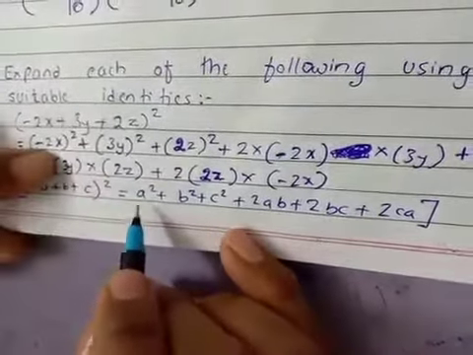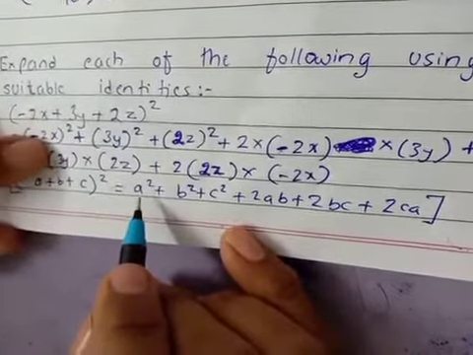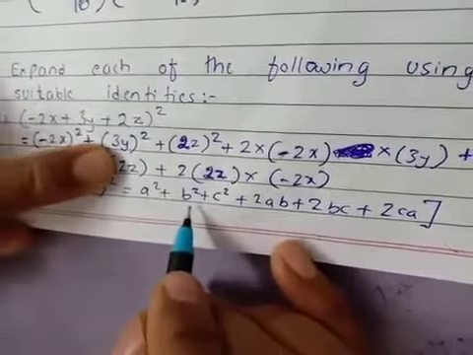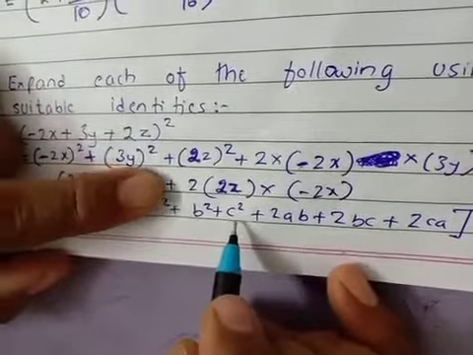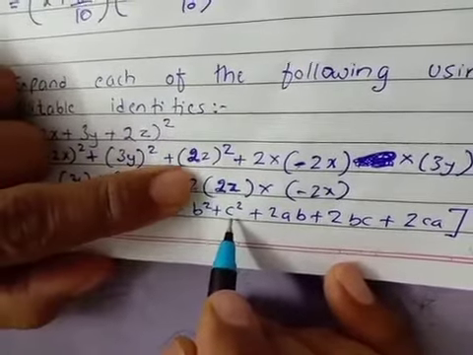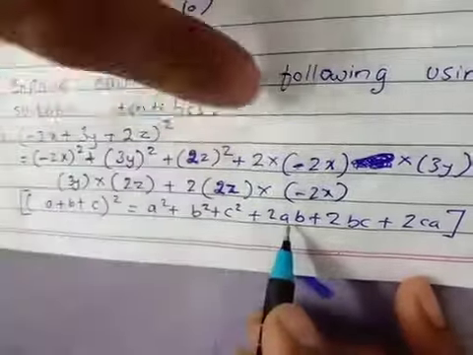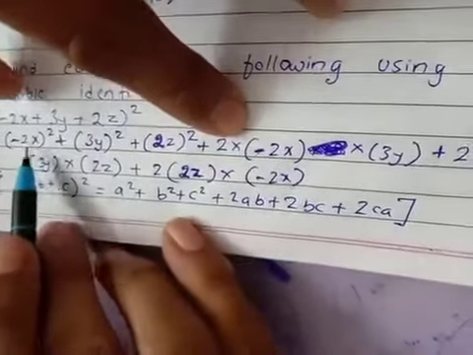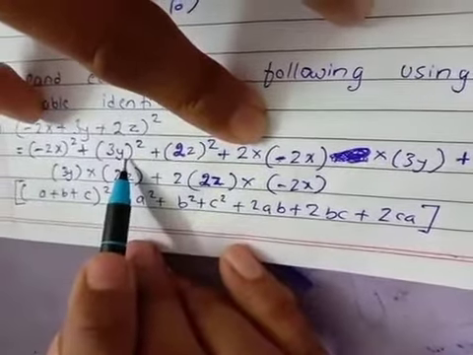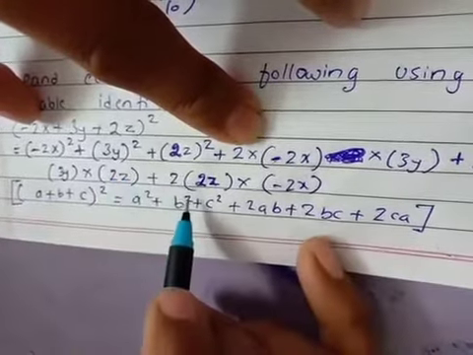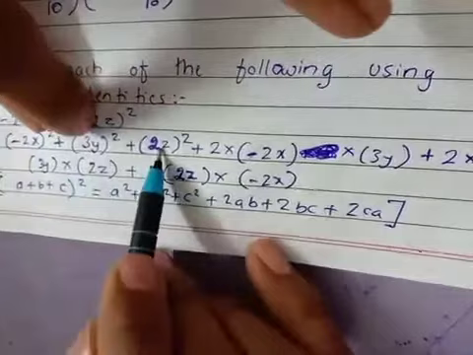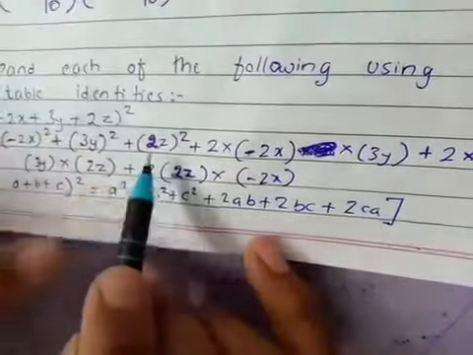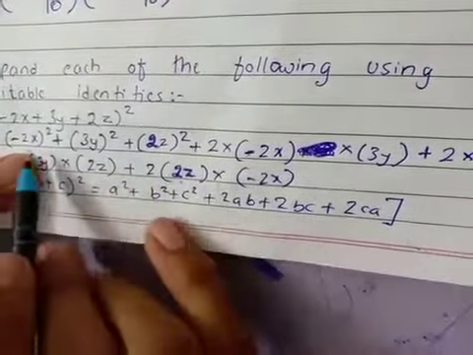See here, a is minus 2x, a square plus b is 3y square plus c square. C is what? 2z. 2ab, 2 into a into b, plus 2 into b into c, and plus 2 into c into a.